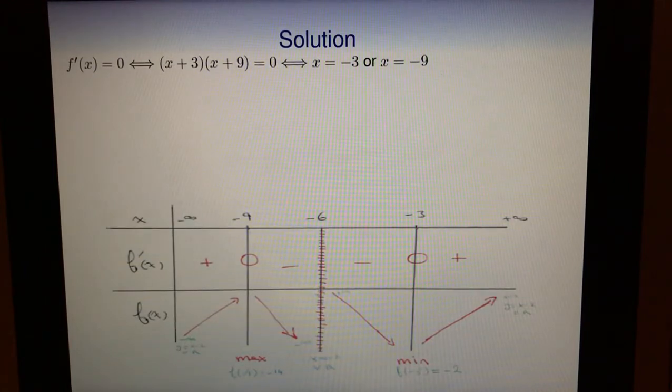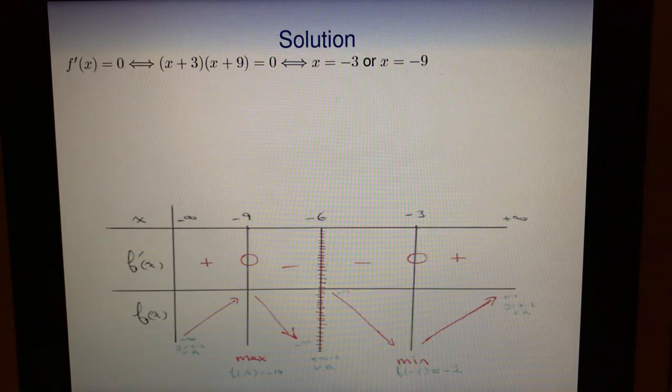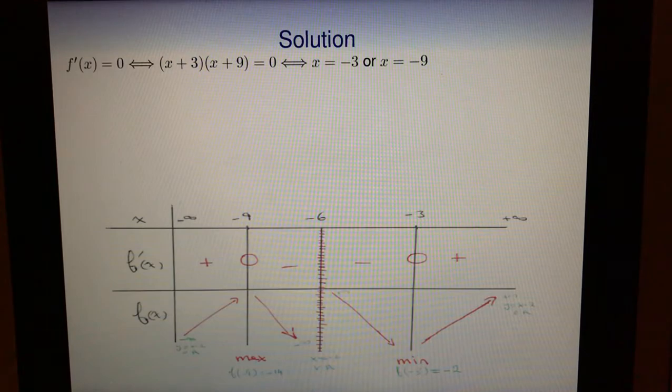So f prime of x equals 0 in general when the numerator expression is equal to 0. So in our case, the numerator expression is the factorized form, which is x plus 3, x plus 9. So x plus 3 into x plus 9 is equal to 0 at x equals minus 3 and x equals minus 9.